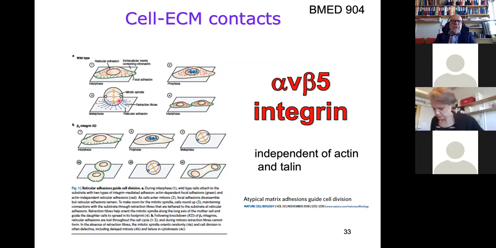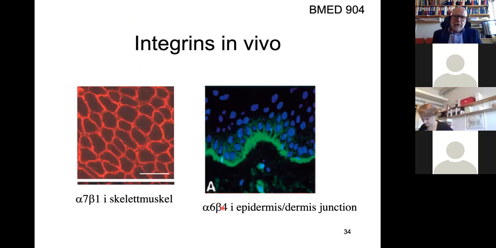These are called reticular adhesions, and that's where alpha V beta 5 sits and keeps the cell attached, in order to have successful cell division. And when beta 5 is lacking, then you don't have a normal cell division, and cells actually fail to divide properly. Okay, those were three types of contact point.